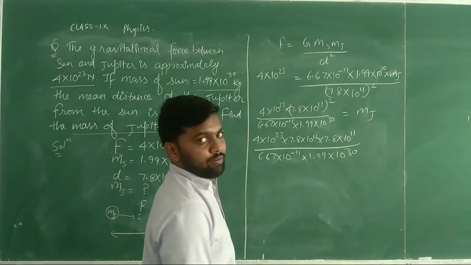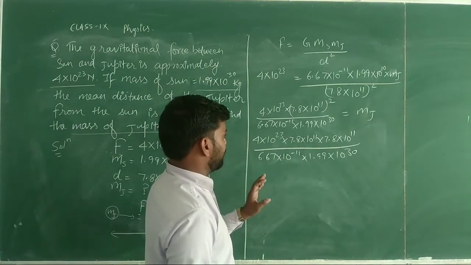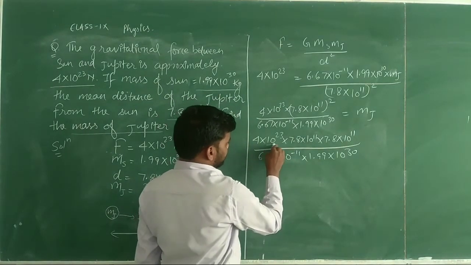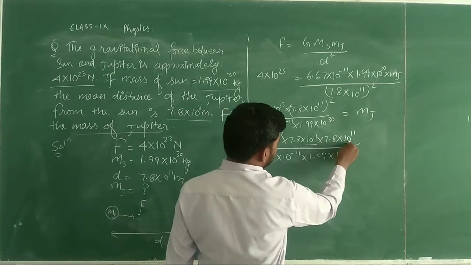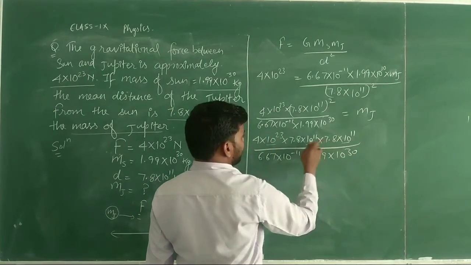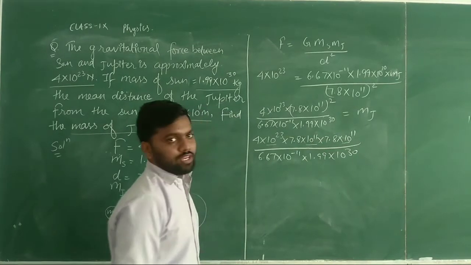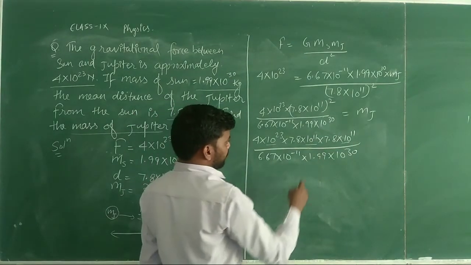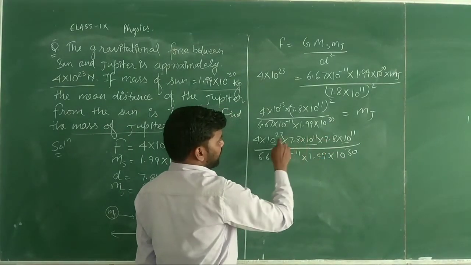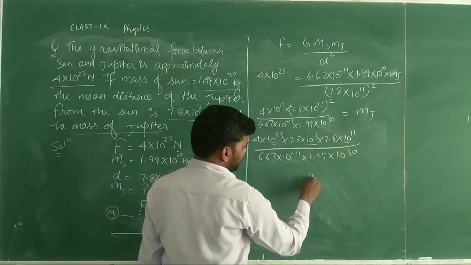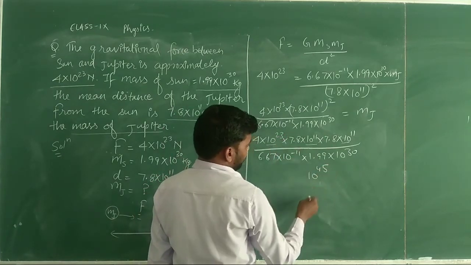Again we will solve the powers of 10 first. You can clearly see here this one and this one, it will be 10^11 and 10^11, so it will be 10^22, and with the 10^23 it will be 10^45.